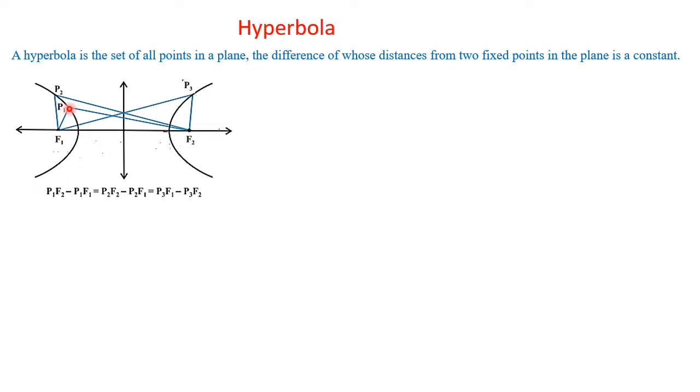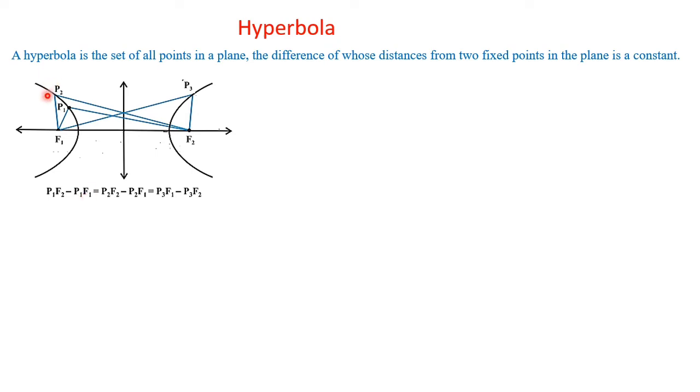Here p1 is a point, p1 f1 is the distance of p1 from f1, and p1 f2 is the distance of point p1 from f2. The bigger distance is p1 f2, so p1 f2 minus p1 f1 is a constant.